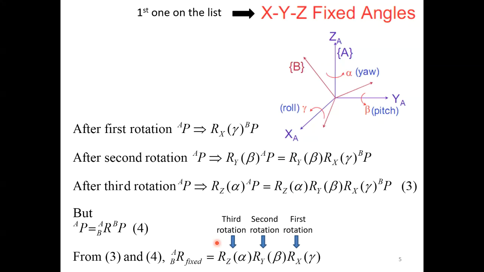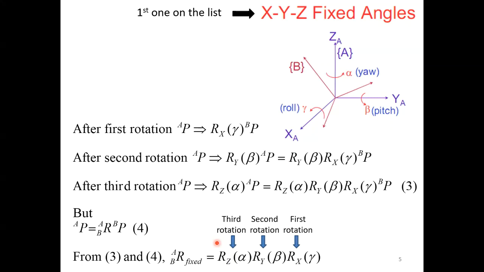Link 5 does not rotate with respect to link 0, because 0 is not the reference frame for link 5. 0 is the reference frame for link 1, link 1 is the reference frame for link 2, and link 2 is the reference frame for link 3. It goes like that, no?